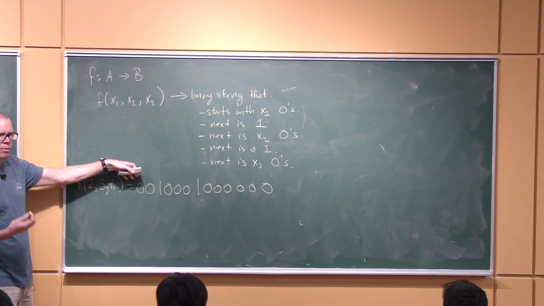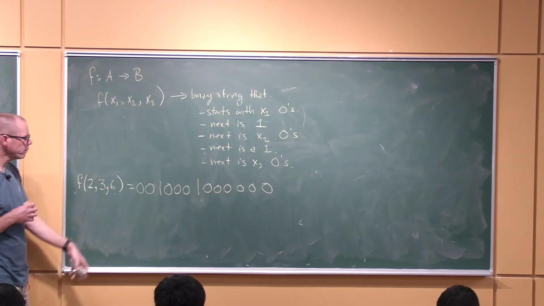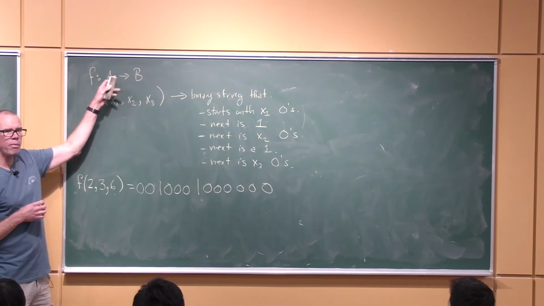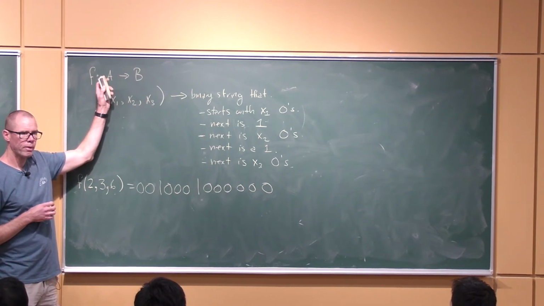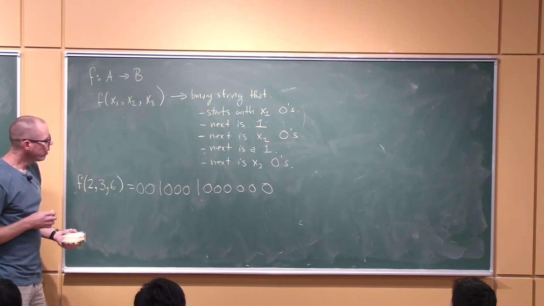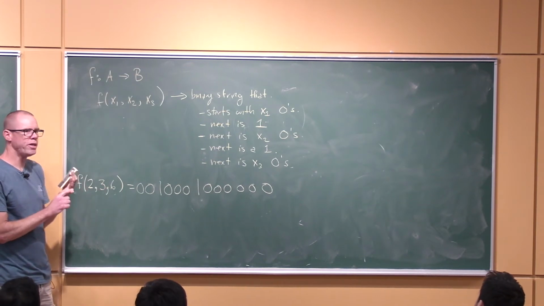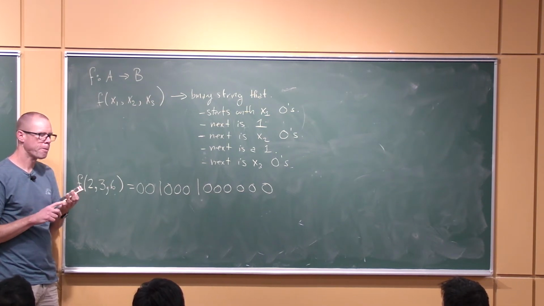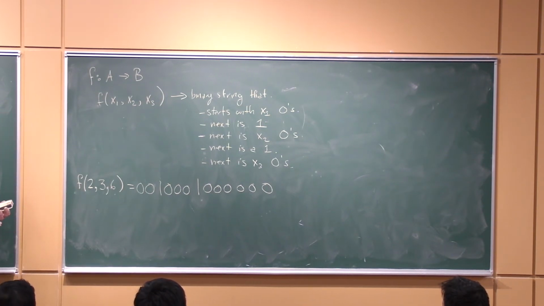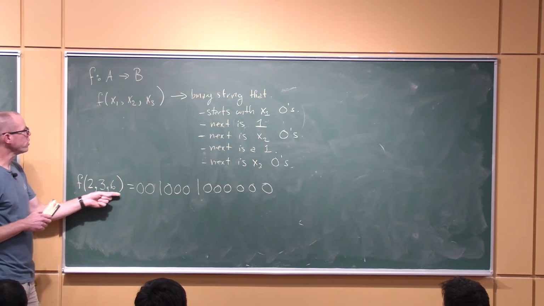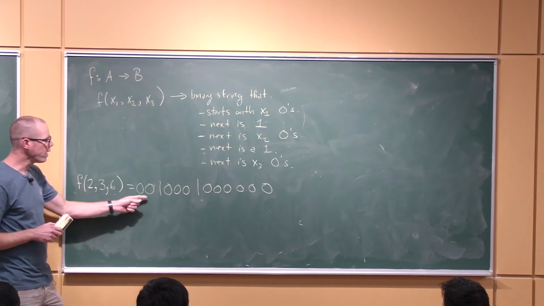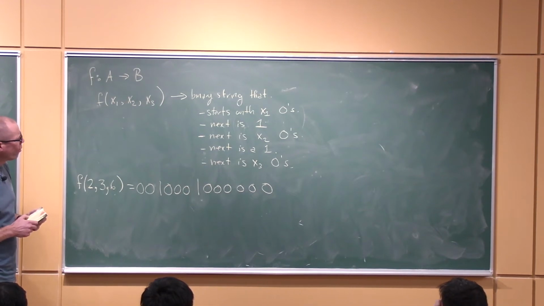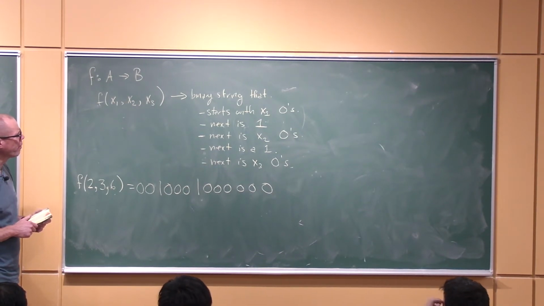So now there's a few things we need to check. First thing we need to check is that this really is a function from A onto B. So what is B? B is the set of 13-bit binary strings that have exactly 2 ones. So we need to check that when we apply this function to a solution, we get a string of length 13. Well, what is the length of the string we get?